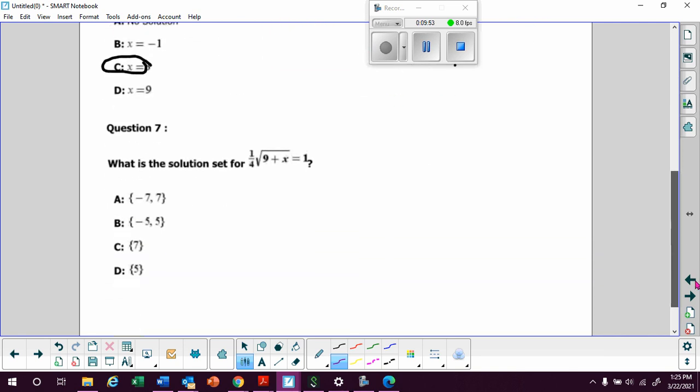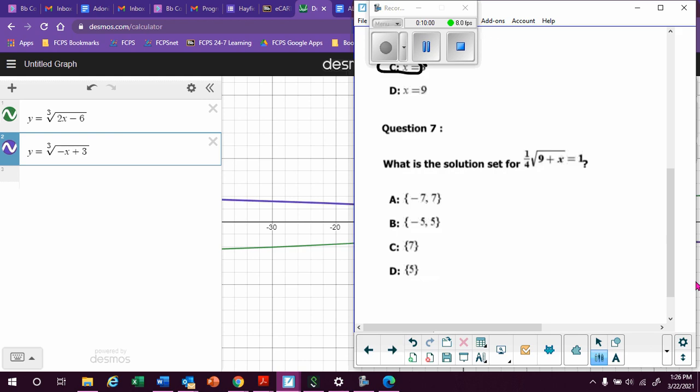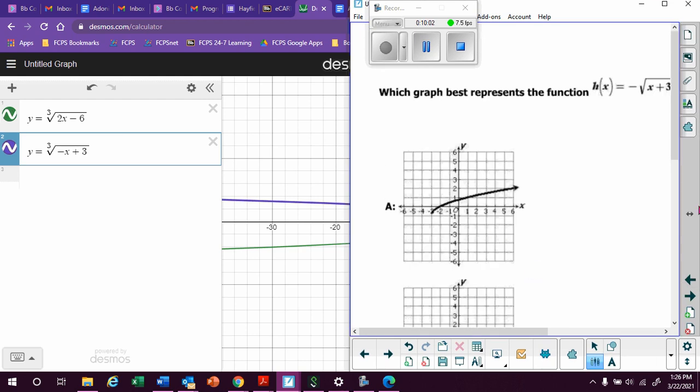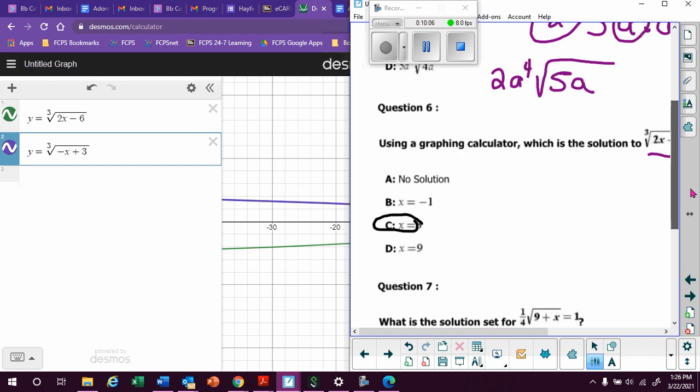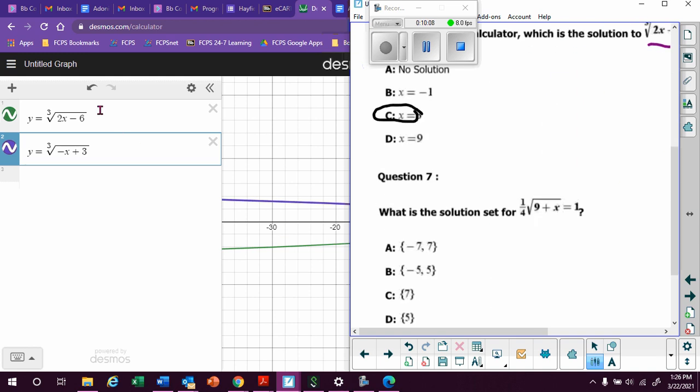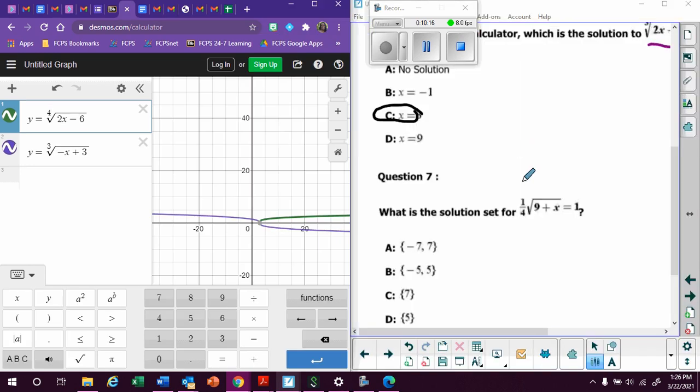All right, number 4, what is the solution set for this? So the same thing, you're going to open up your Desmos and do the same thing. One is going to be y equals the first equation. So instead of the cube root, it'll be the fourth root of, what was the equation? 9 plus x, right? 9 plus x.